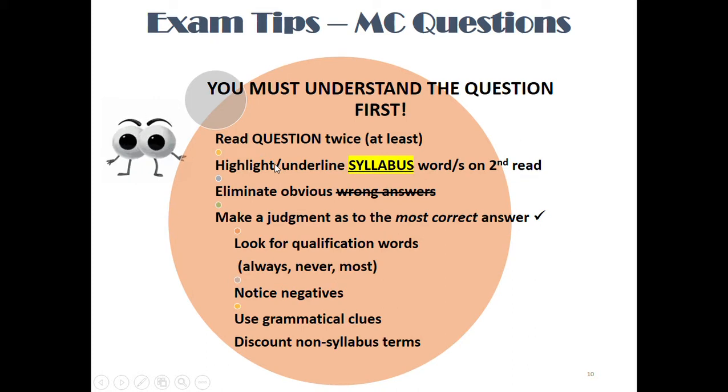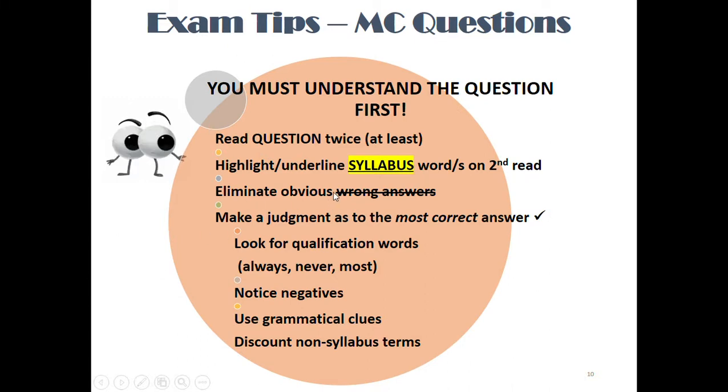You want to read the question and be able to actually know what the answer is before you read the stem of the question. Highlight or underline the syllabus words to identify what it is they're actually looking for, because sometimes they might put a syllabus word from another area of the syllabus into the question just to entice you to choose that one.